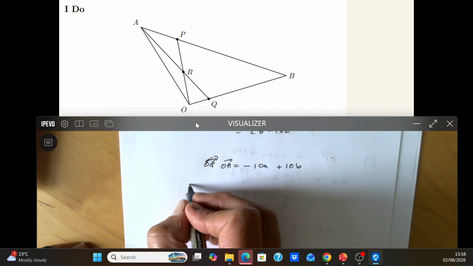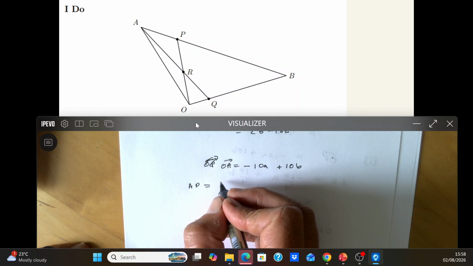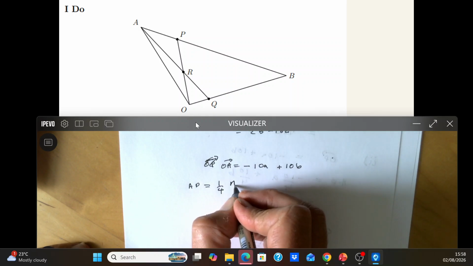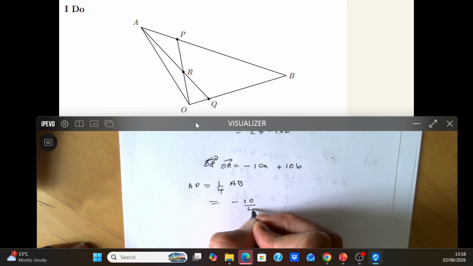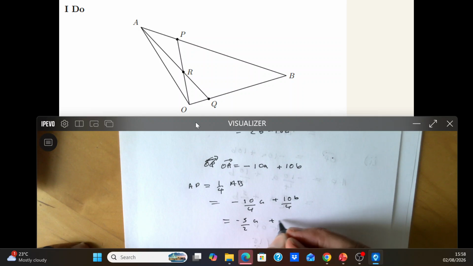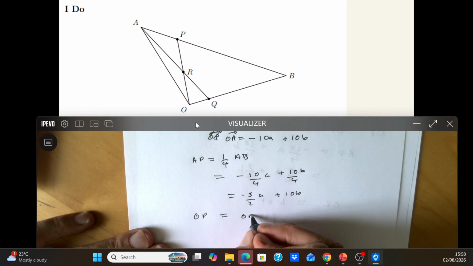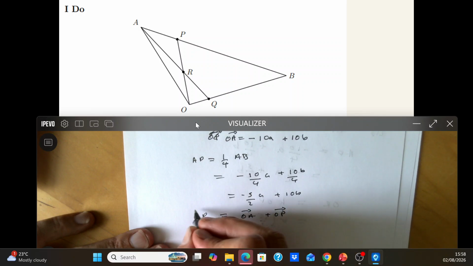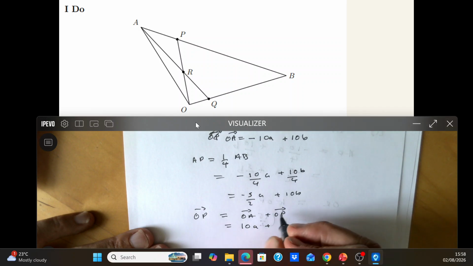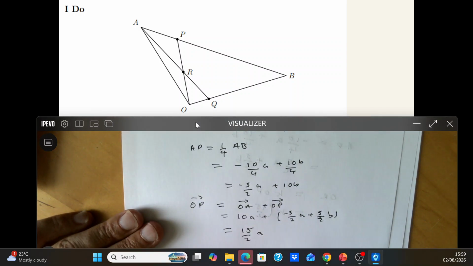We know AP is going to be a quarter of AB, which equals minus 10 over 4a plus 10 over 4b, which is minus 5 over 2a plus 5 over 2b. OP equals OA plus AP, which is 10a plus minus 5 over 2a plus 5 over 2b, which gives me 15 over 2a plus 5 over 2b.